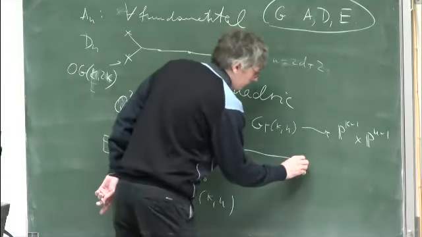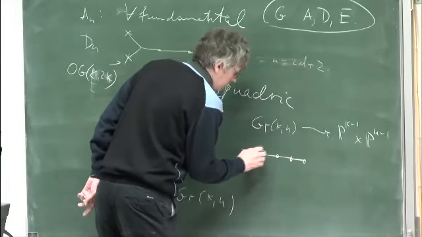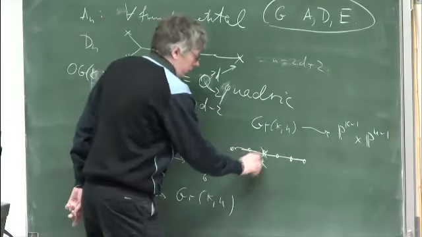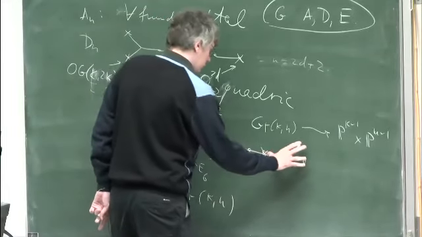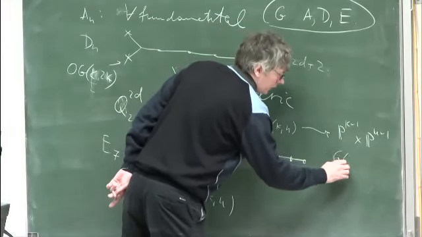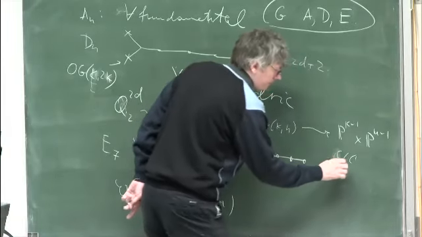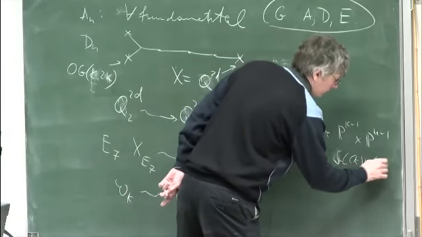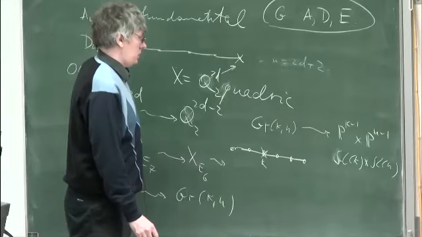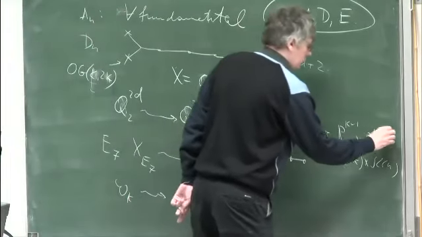The reason is that we take this Dynkin diagram, look at the node k, and remove it, so we get two pieces, and that's why the group becomes the product of SL k and SL n minus k.